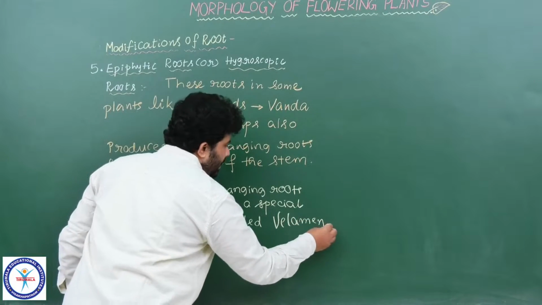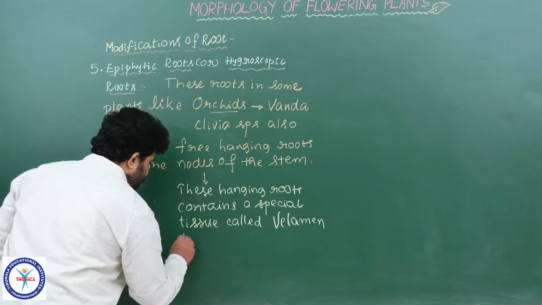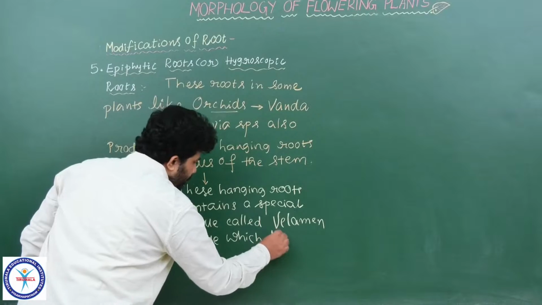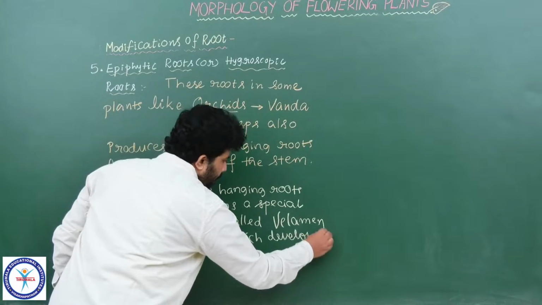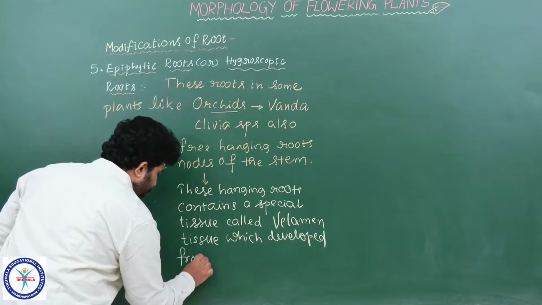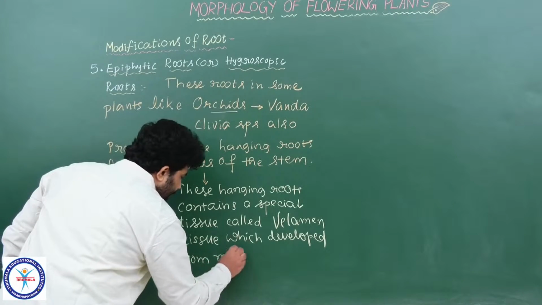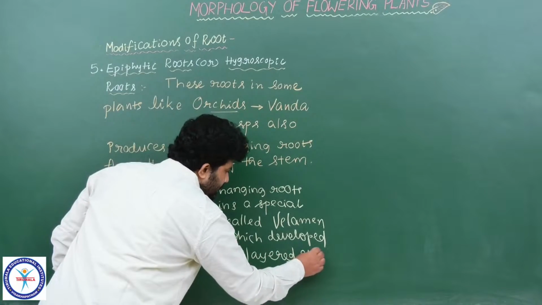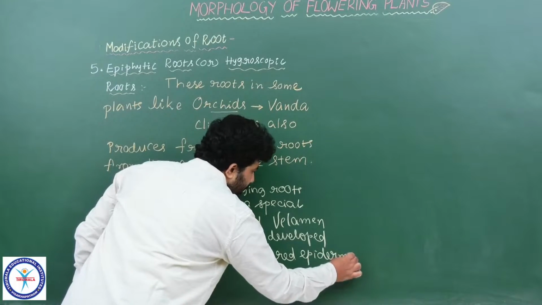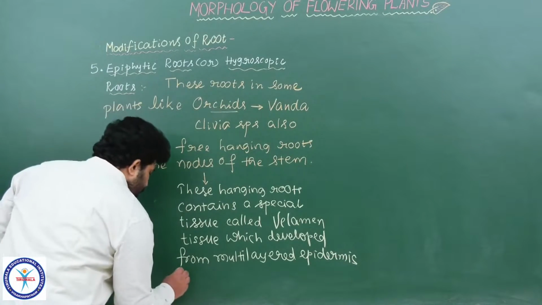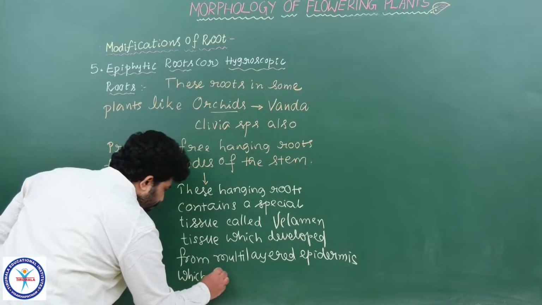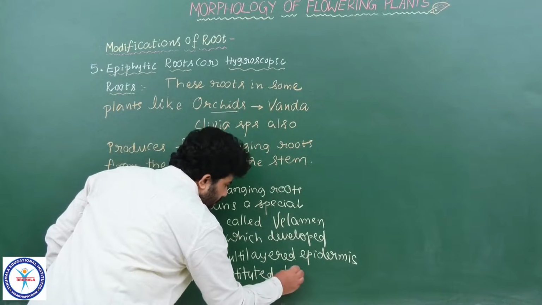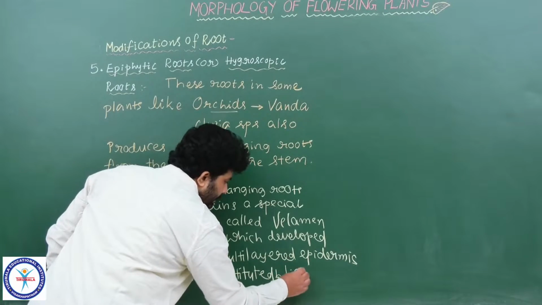That's why these roots are also called velamen roots. Velamen tissue is developed from a multi-layered epidermis, which is constituted by a chemical substance called lignin.